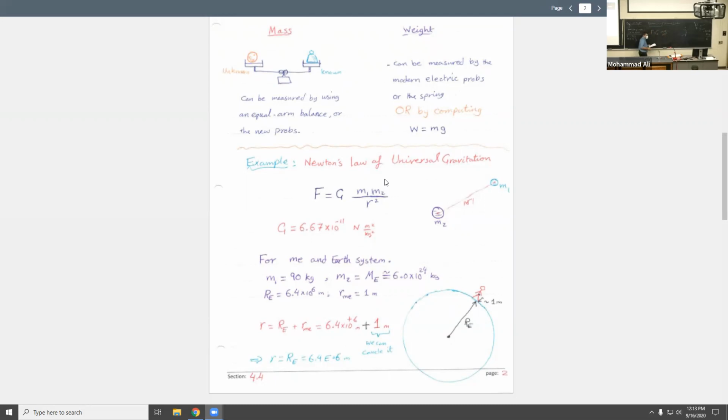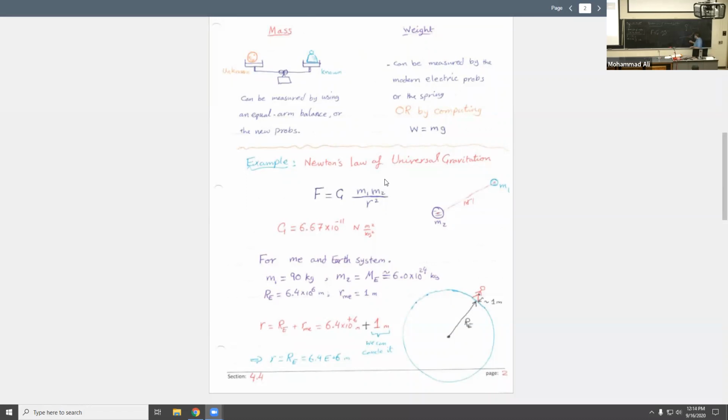What does that mean? If you remember or know the story of the falling apple to the ground, when Newton was sitting under the apple tree, he asked himself why there is an attractive force between them.